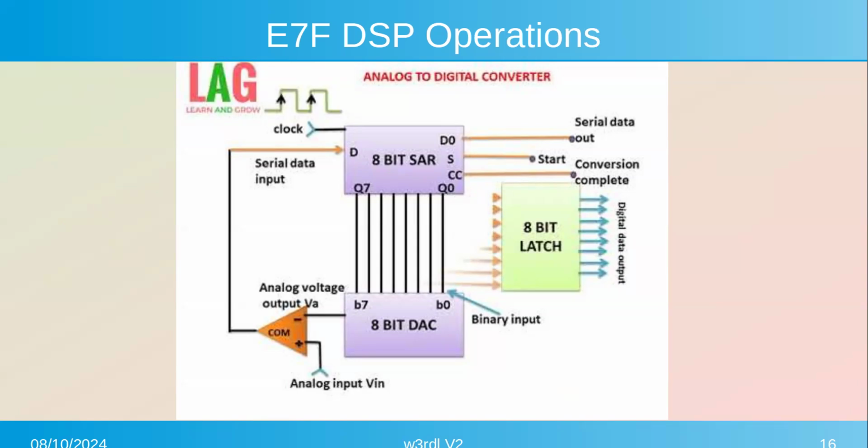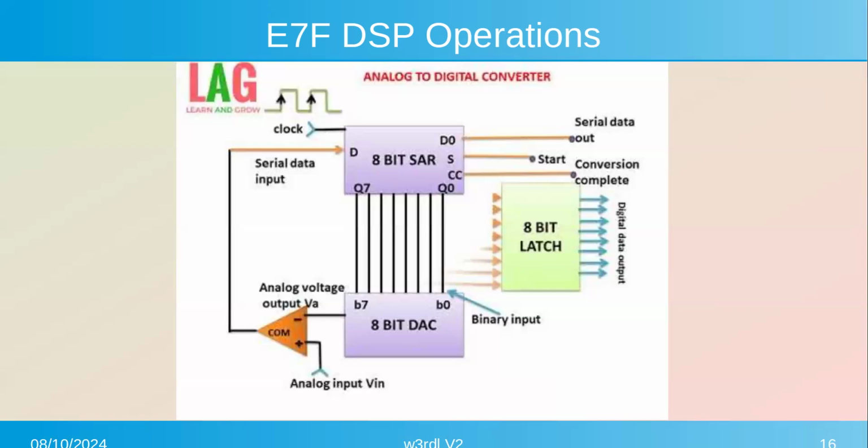And if it's higher or lower, then the output is a 1 or a 0. Let's make it simple. Let's say it's a 4-bit.